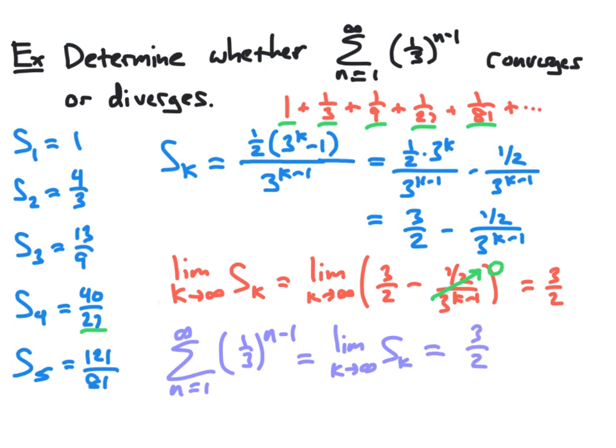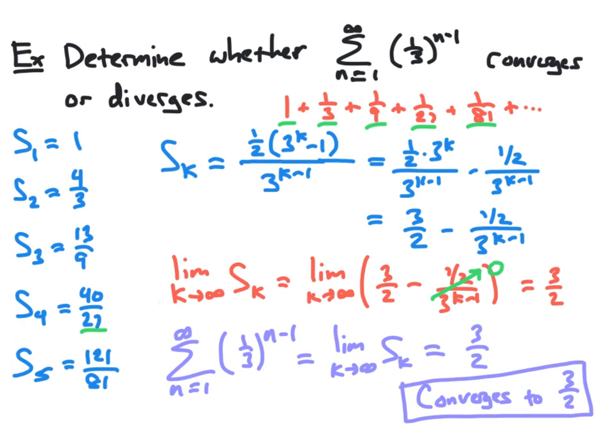So our particular series here converges, and in particular, we know it converges to the number 3/2. So if we add up all of the terms in this sequence, 1 plus 1/3 plus 1/9 plus 1/27 plus 1/81, and as far out as we want to go, we're going to get closer and closer to the value of 3/2. And so we'll actually define the sum of our series to be equal to 3/2.